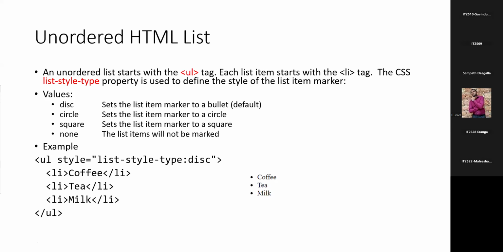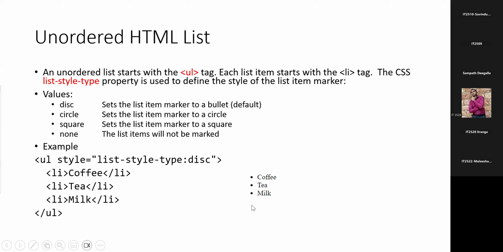So let me switch my discussion to creating lists now. There are 3 types of lists we are going to discuss: unordered list, ordered list, and description lists. So unordered list means there's no order in this list. So ideally, if you look at this example, coffee, tea, and milk, just a list of items we put down.